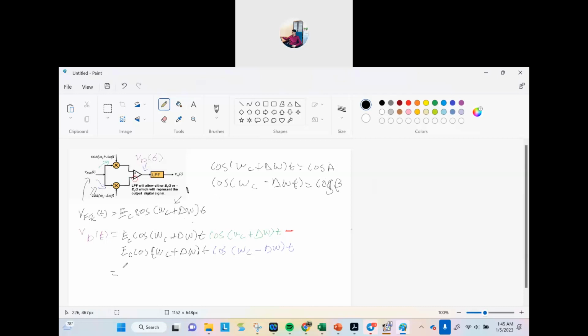After you do the expansion of your trigonometry, you have EC minus 2EC over 2 cos 2 delta omega t plus cos 2 omega C t minus cos 2 (omega C plus delta omega) t.